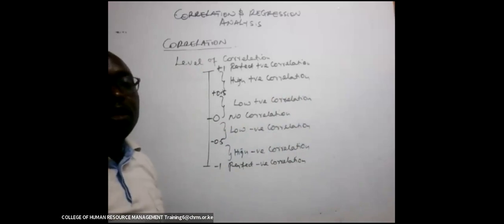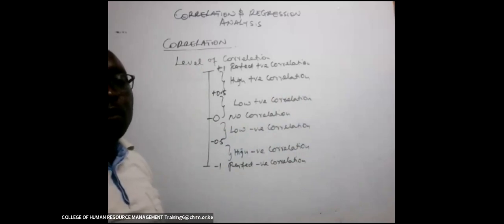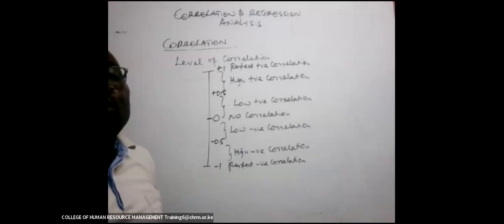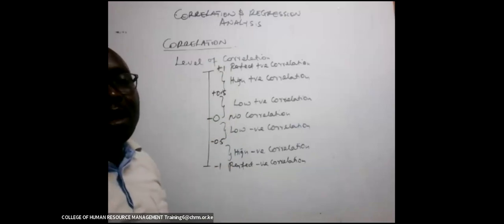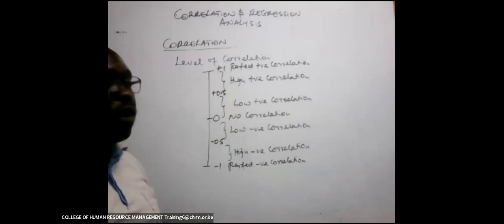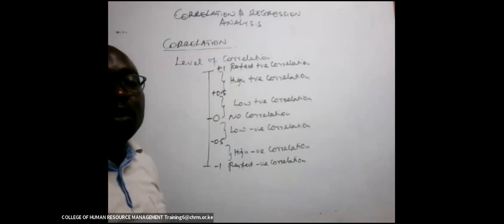And this table is very good for you to have, because in an examination scenario, anytime you are asked about calculating correlation, the next question would be to interpret your answer. And this is the chart that you will use to interpret your answer. For example, you calculate your correlation and you find it is 0.64. 0.64 is here in the region of high positive correlation.